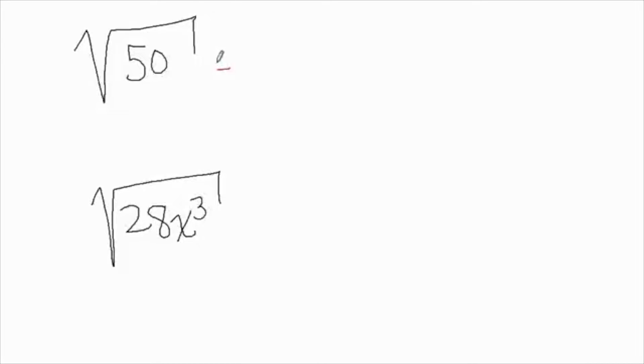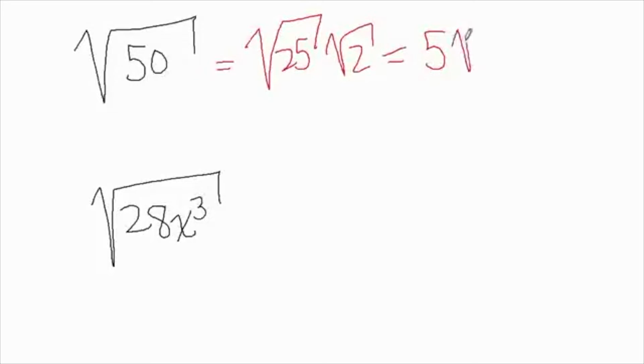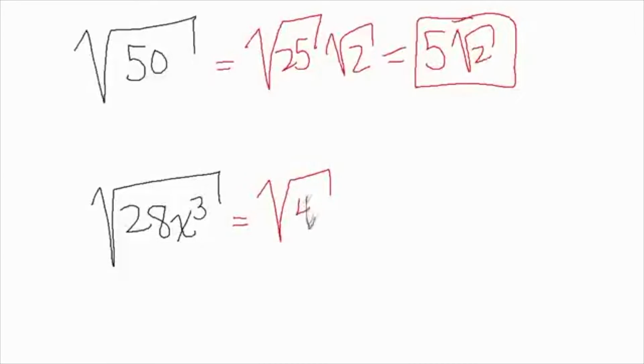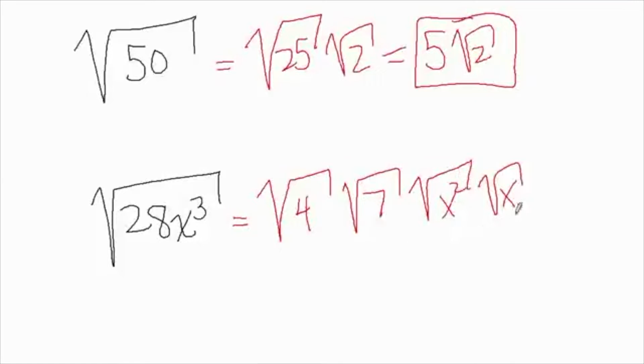All right, so I'll go ahead and do it as well. The square root of 50 is equal to the square root of 25 times the square root of 2, which gives 5 root 2. The square root of 28x cubed is equal to the square root of 4 times the square root of 7 times the square root of x squared times the square root of x.